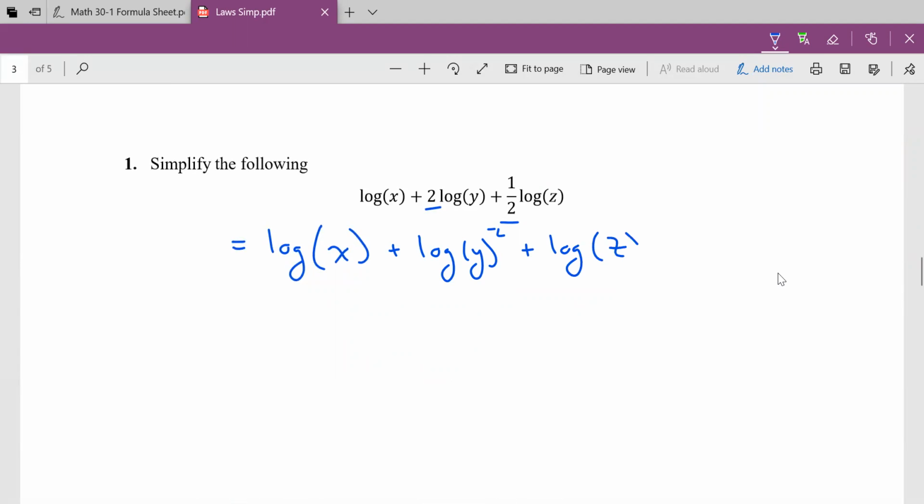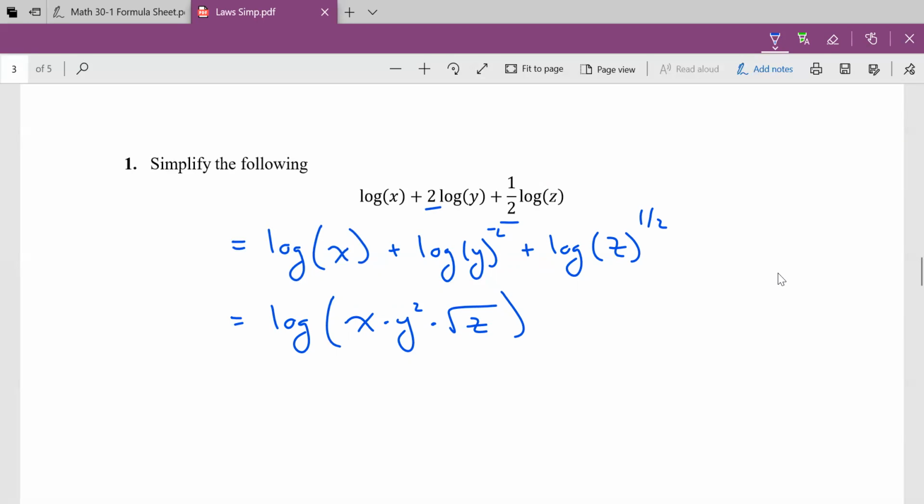Just like that. Now I can say to myself, the bases are all the same. Now I can multiply my arguments together. And I'm going to rewrite z to the exponent of a half as the square root of z.